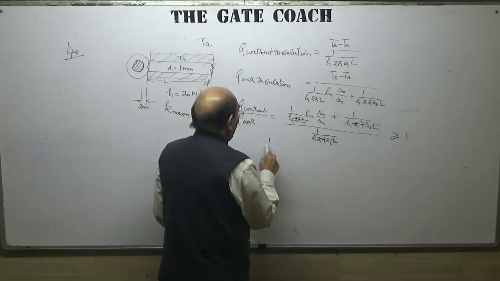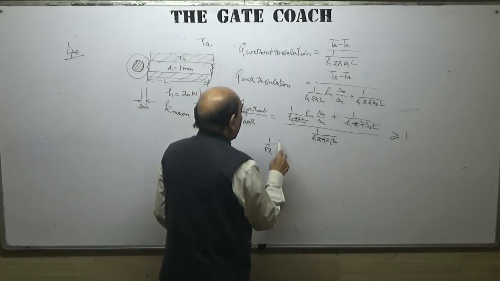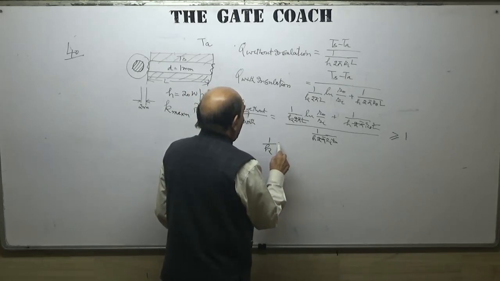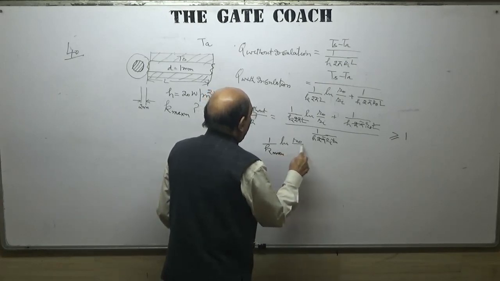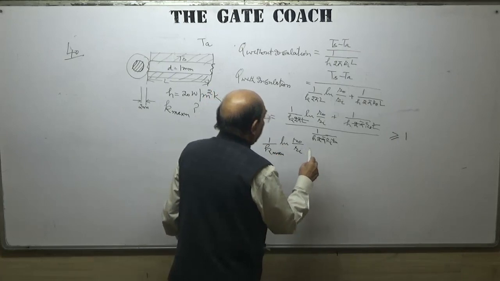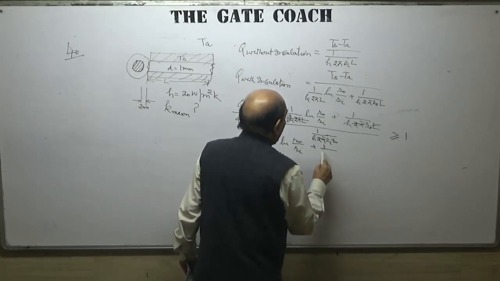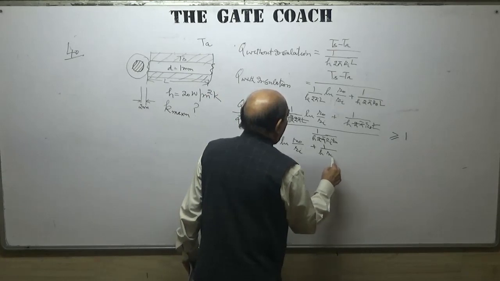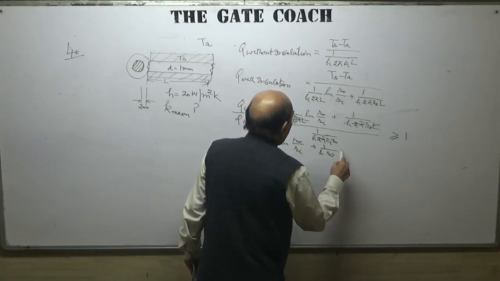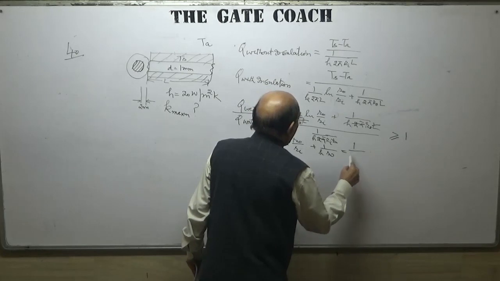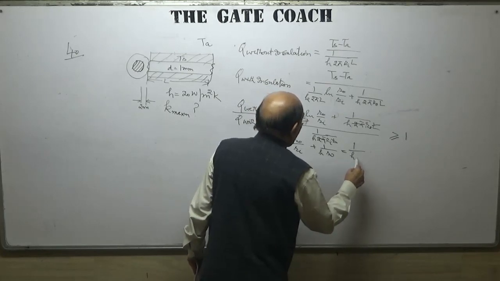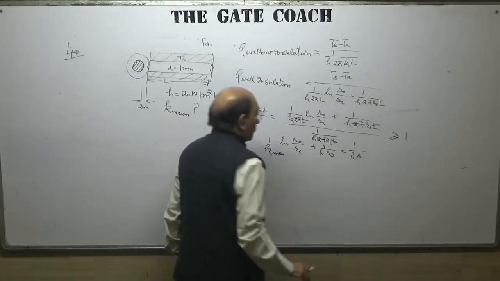That means 1 upon k maximum log Ro upon Ri plus 1 upon h Ro equal to 1 upon h Ri.